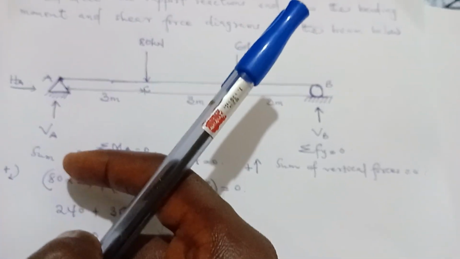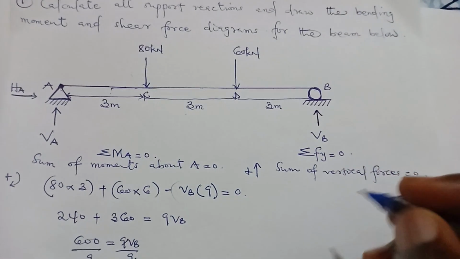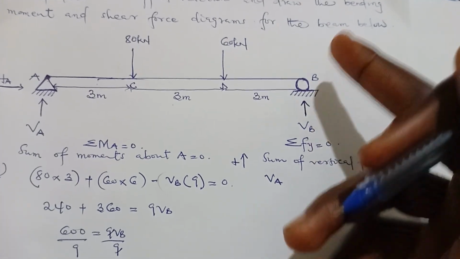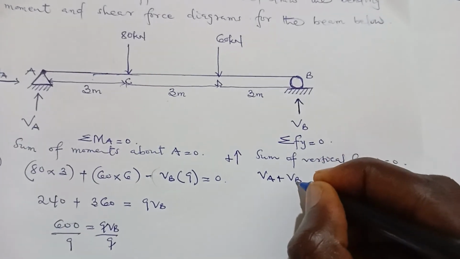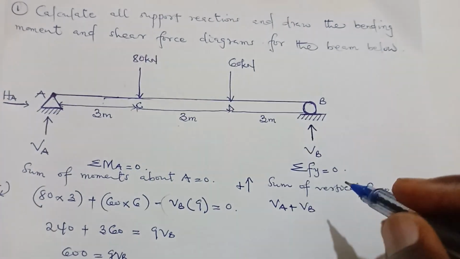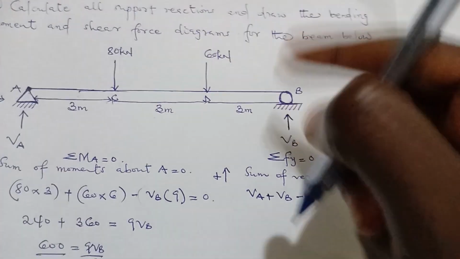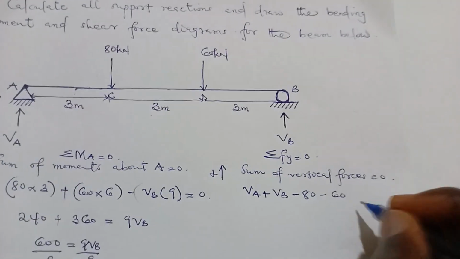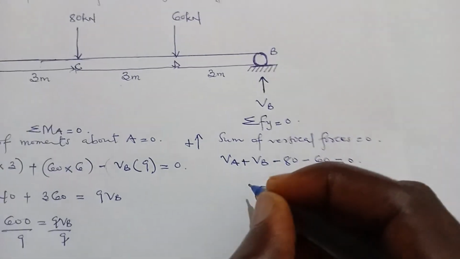VA is a vertical force moving up, so it's going to be positive VA. VB is also moving up, so it's plus VB. The 80 kilonewton is a vertical force coming down, so it's minus 80. The 60 is also coming down, so minus 60. Everything here is equal to 0.